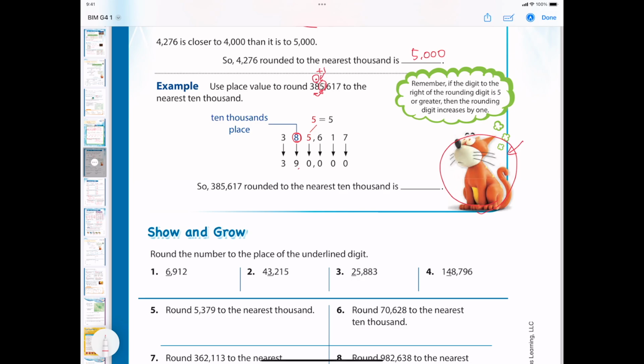Yes, this is close to 390,000. Why? Because the matter number is 5, which has passed the halfway. So 385,617 rounded to the nearest 10,000 is 390,000.